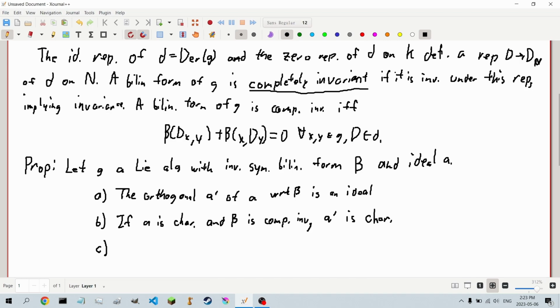Part C, if beta is non-degenerate, the intersection of A and A prime is commutative.